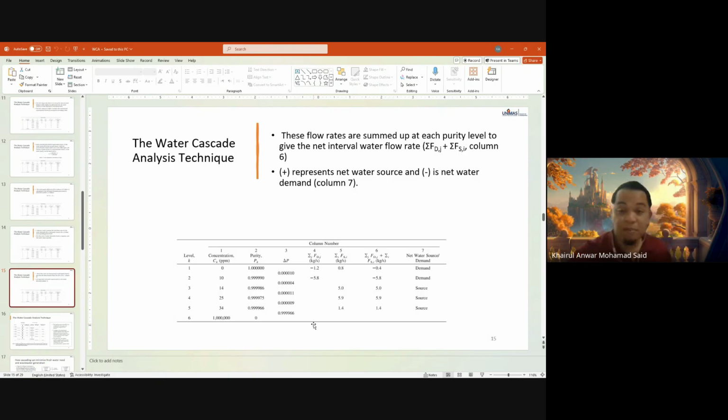You can leave it blank. Then column 7, net water source or demand. So negative for demand, positive for source.